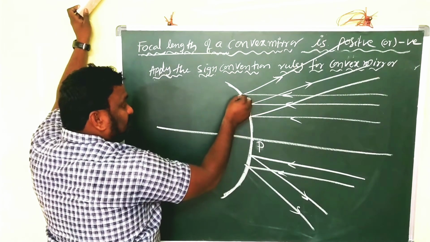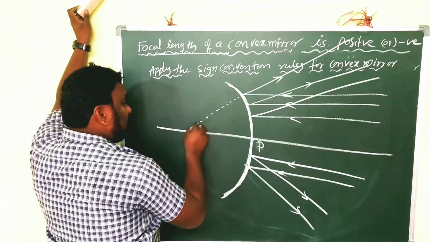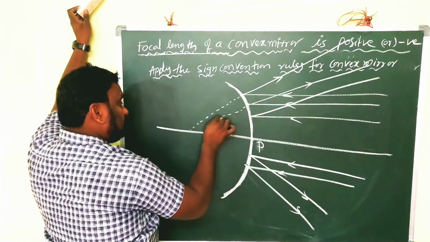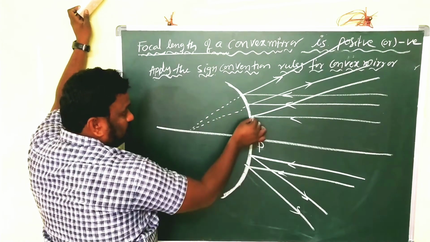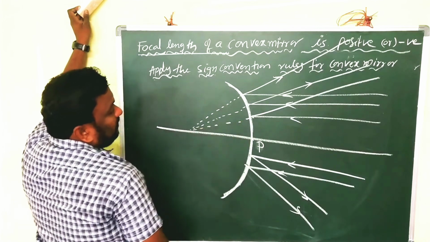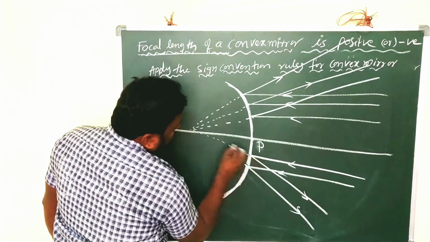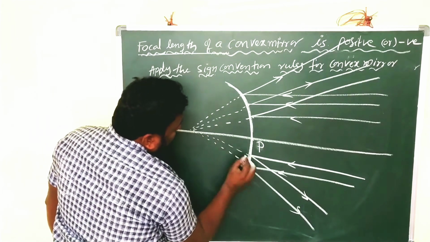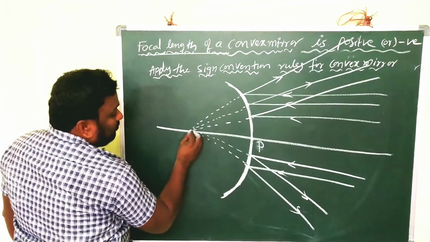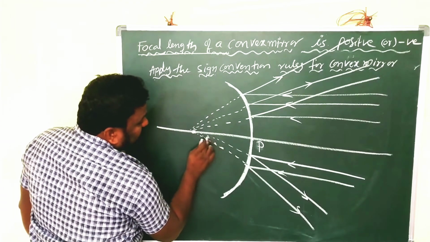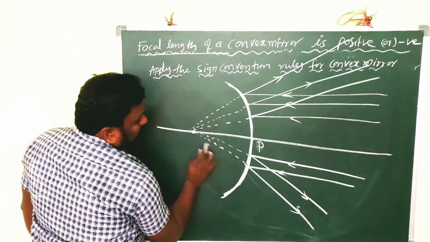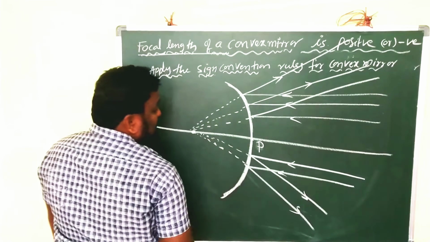Now we have to extend the reflected rays. They must meet at one point on the principal axis.